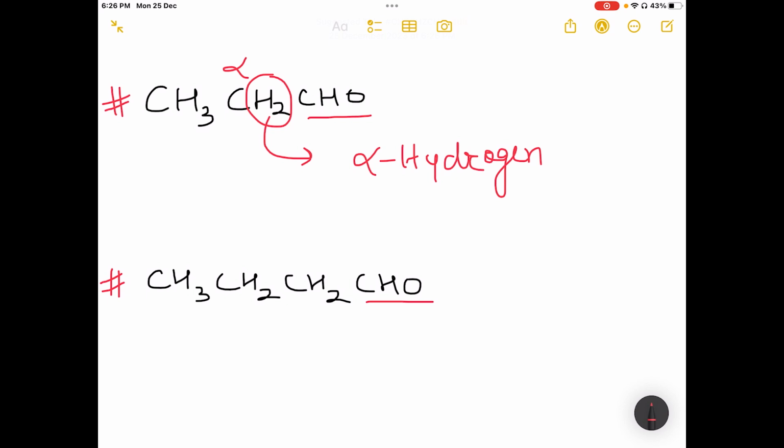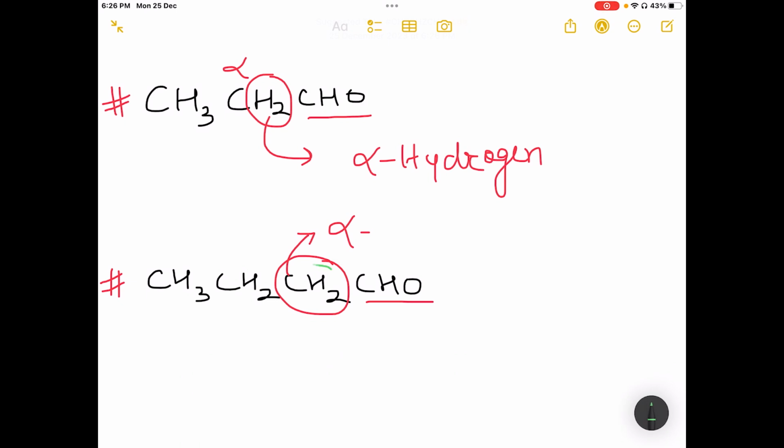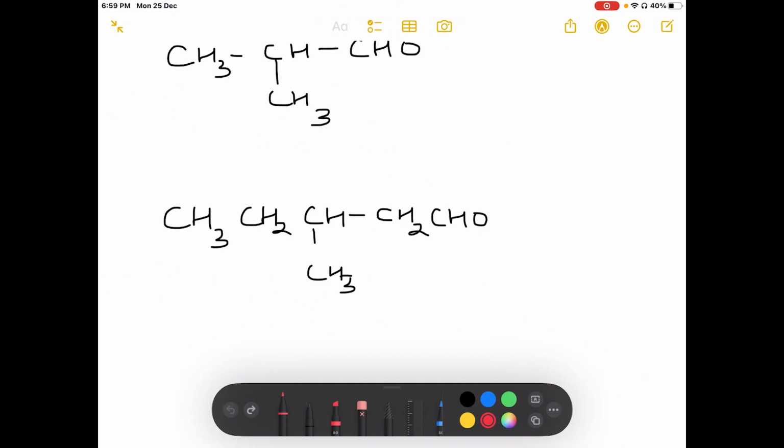Carbon next to the functional part, this carbon is alpha carbon, and the hydrogens belonging to this alpha carbon are alpha hydrogens.